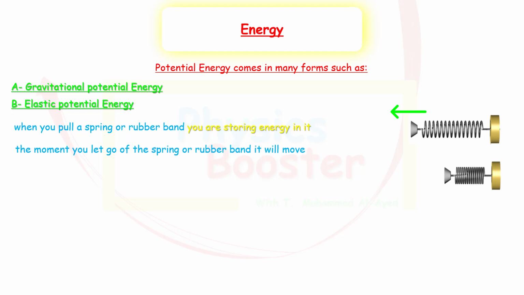Okay, but you said that any moving object has kinetic energy. Yeah, that's what we are going to be talking about in detail later on. What happened here is when I stretch a rubber band or a spring and I let it go, I am transforming the potential energy that was inside the rubber band that I couldn't see into kinetic energy since the rubber band or the spring is now moving. Okay?